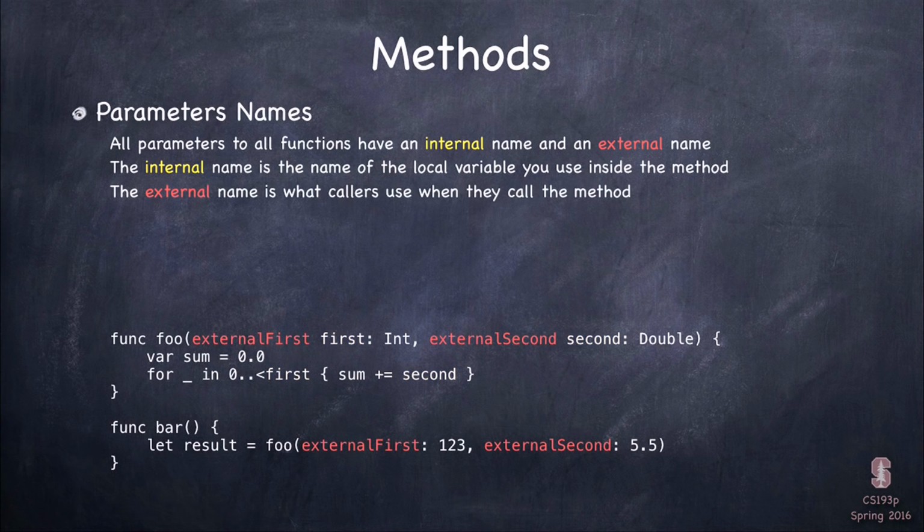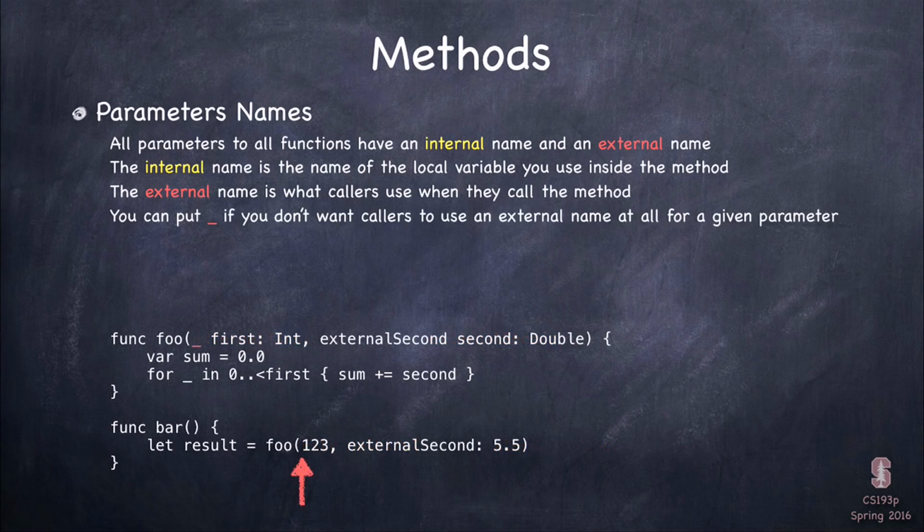The external name is what the caller uses when they call this method. So you can see bar down there. It says external first colon 1, 2, 3, external second colon 5.5. It's using the external names. First and second never appear, but first and second are still used in the implementation. Those are the internal names.